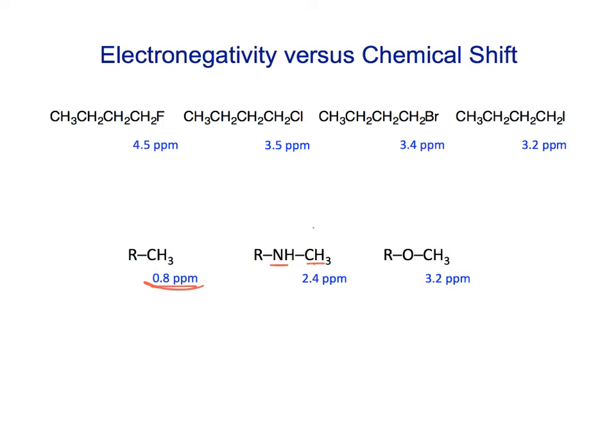And so that's going to pull electron density away from the methyl group, creating a delta plus around that methyl group. This is the act of deshielding. It's pulling electron density away from it.